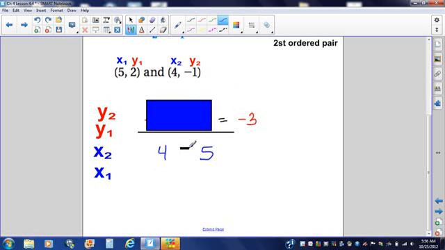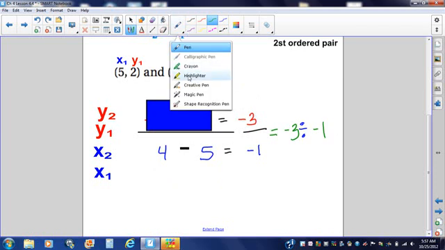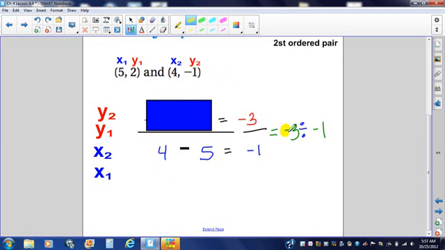Now I'm going to do my denominator. 4 minus 5 is going to give me a -1. So now I have -3 over -1. Should be easy peasy. We've been working problems like this for a while. That means -3 divided by -1. You can say if the bad guy is leaving town, everybody is happy.